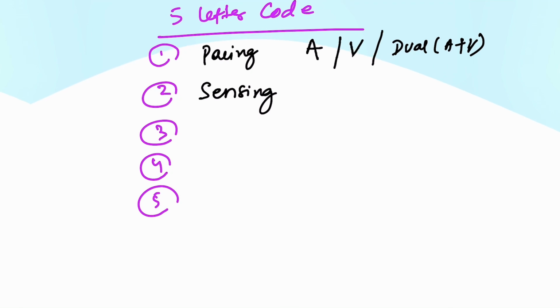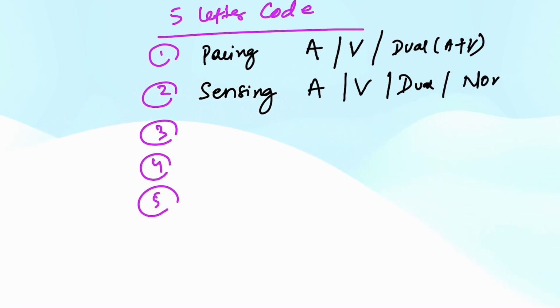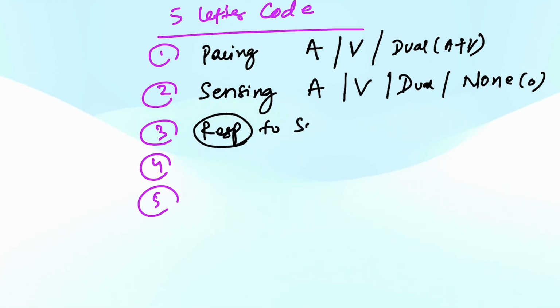Again, it can sense the atria, ventricle, dual, or none. So the first letter is pacing, the second is sensing, the third is response to sensing, basically what it does after a sensing.